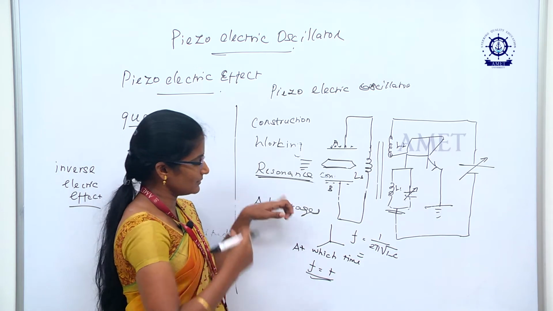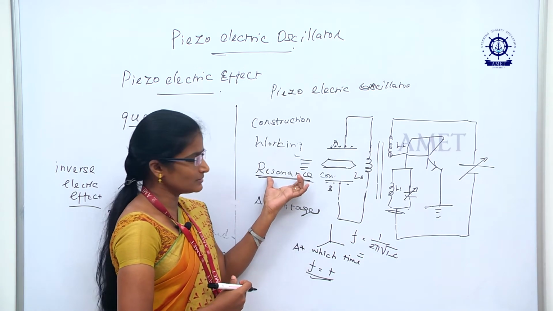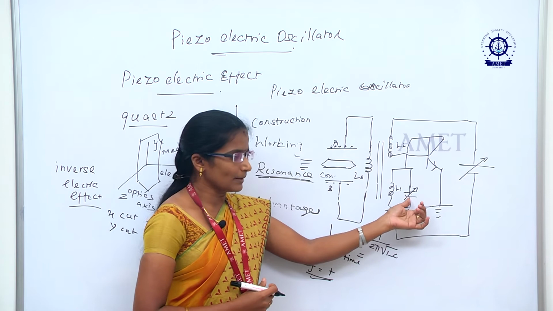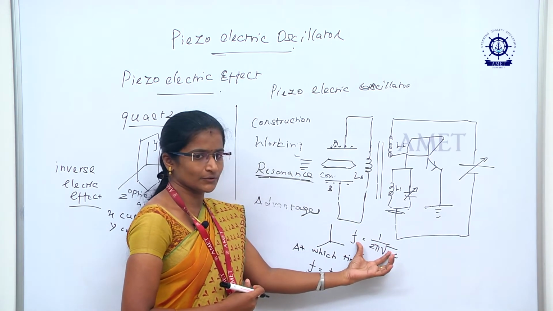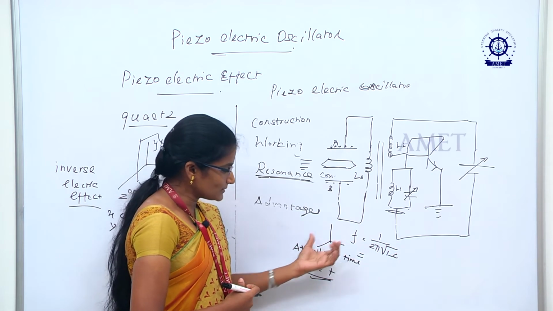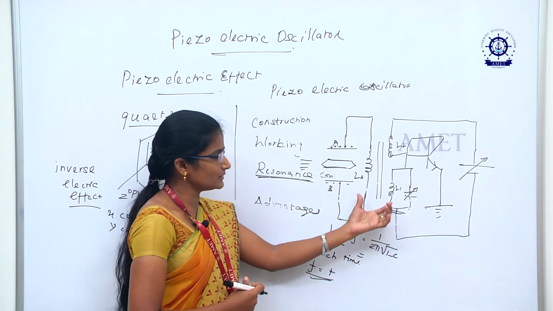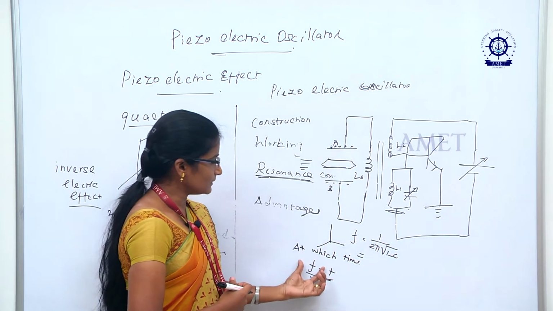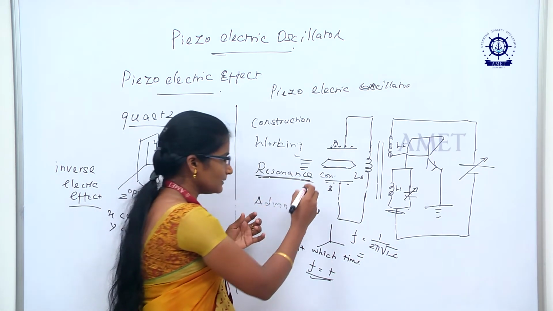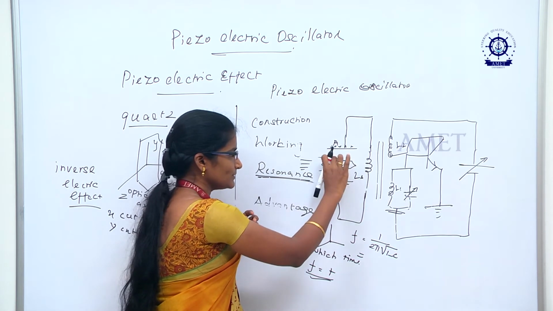Again I repeat, what is the resonance condition? We adjust the variable capacitor in this circuit, producing the frequency of this oscillator circuit, until the oscillator frequency matches the natural frequency of the crystal vibration of this quartz crystal. Only then does resonance occur, and only then are ultrasonic waves produced at the two plates of the crystal.